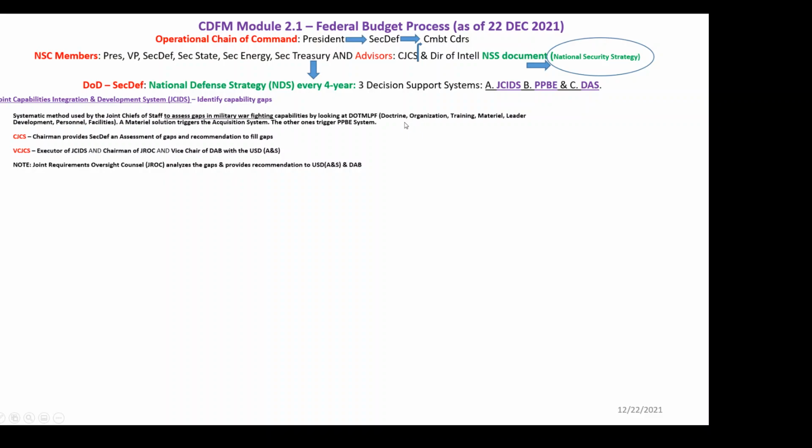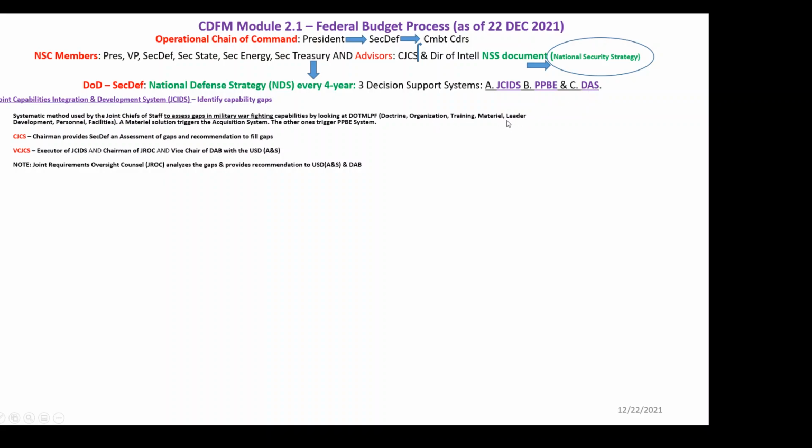The capability gap result out of this DOTMLPF will determine whether you go directly to PPBE or whether it triggers the acquisition system. As you will study, when they review the DOTMLPF, if it's a materiel solution, this is what triggers the defense acquisition system.